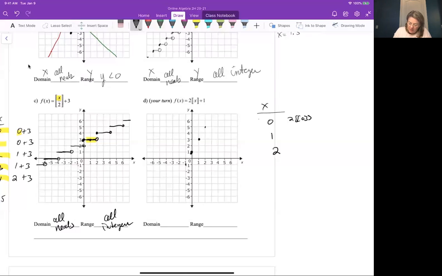And then I say, okay, what about a half? If I'm at a half, I have to drop back down to 0 again on the greatest integer output. And I multiply that times 2, I'm at 0 again. So it looks something like this.